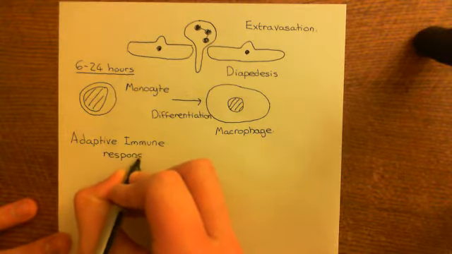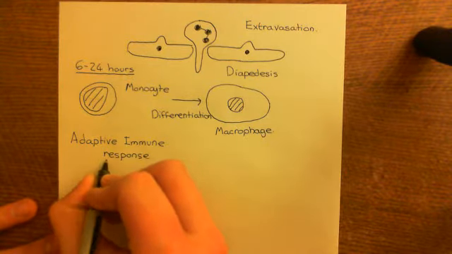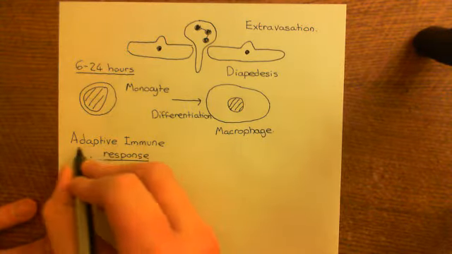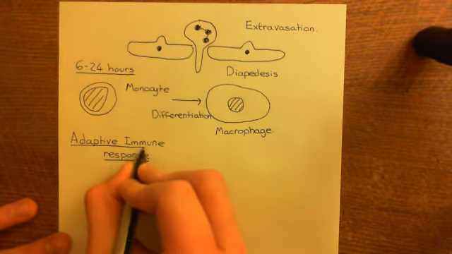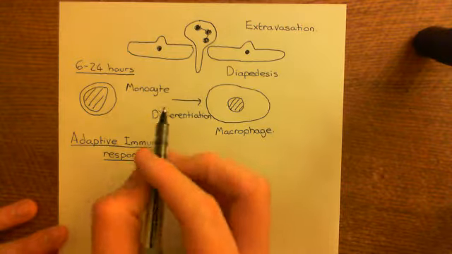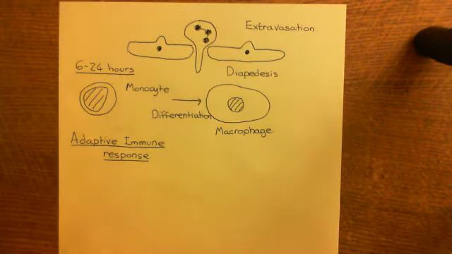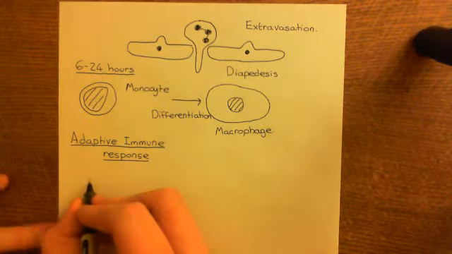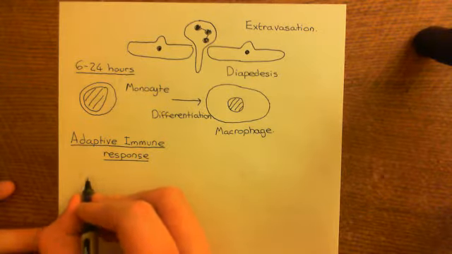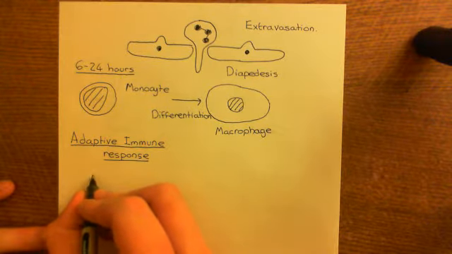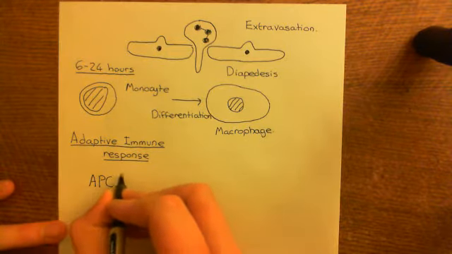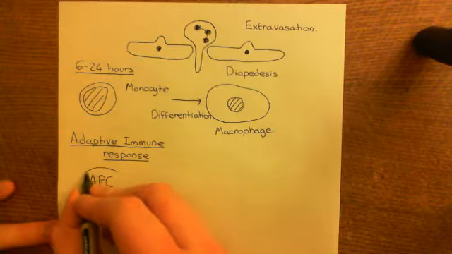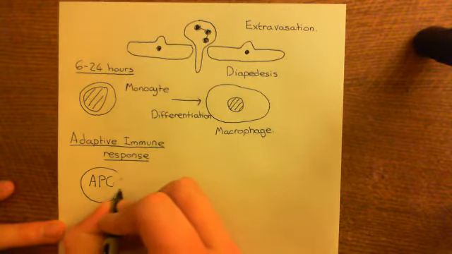So basically what will happen is professional antigen presenting cells will take antigens of this pathogen to T cells which are in the lymph node. Professional antigen presenting cells, which I will just abbreviate as APC. So this is some antigen presenting cell here.